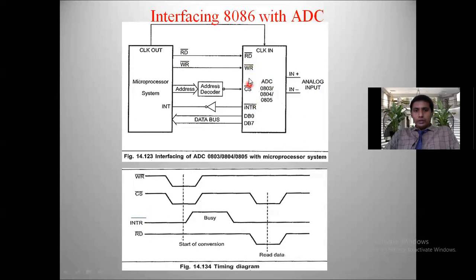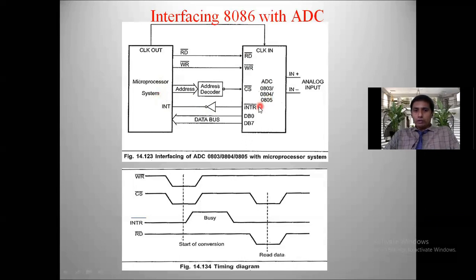Now let us see read bar. The read bar signal is activated only when the conversion is completed. As I already mentioned, the INTR bar signal must be high during analog to digital conversion, and it should be low when conversion is completed. Whenever INTR bar is 1 during conversion, because of the NOT gate the output is 0, and 0 is given to INT. Then the microprocessor understands that conversion is not completed.